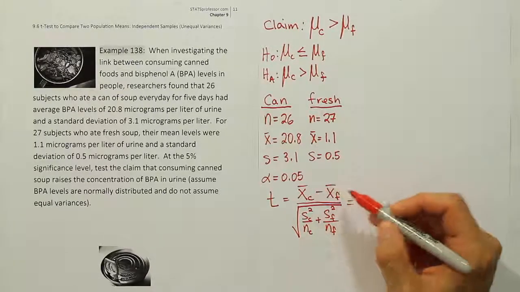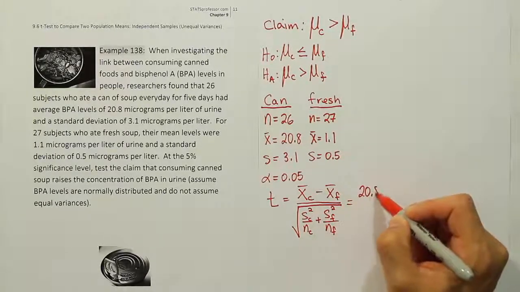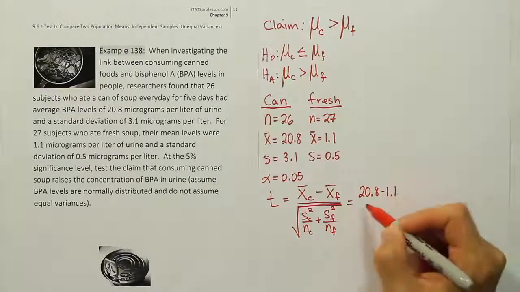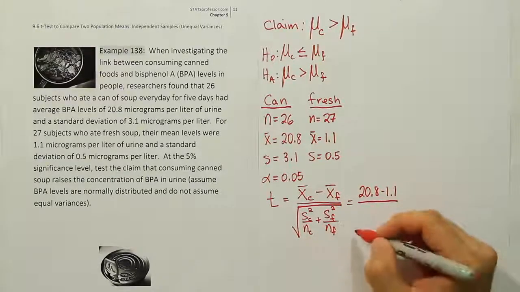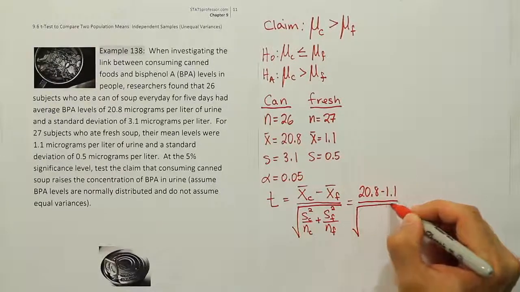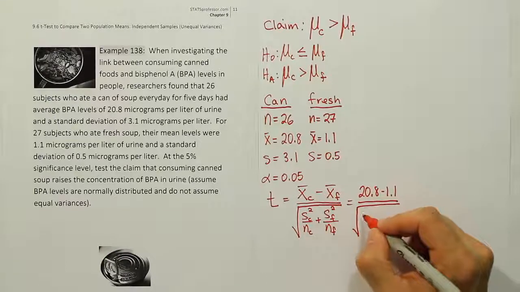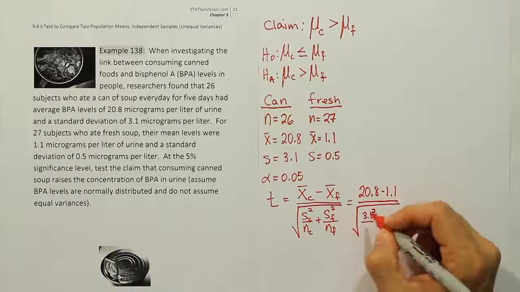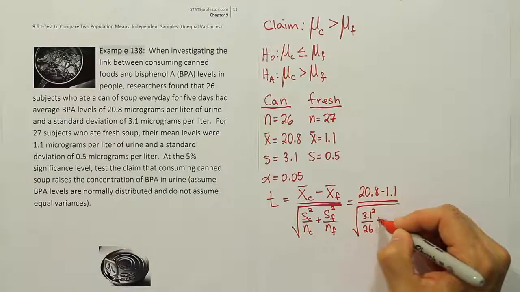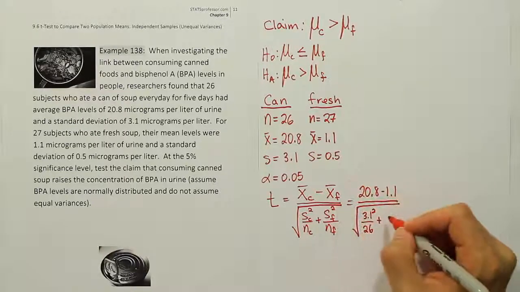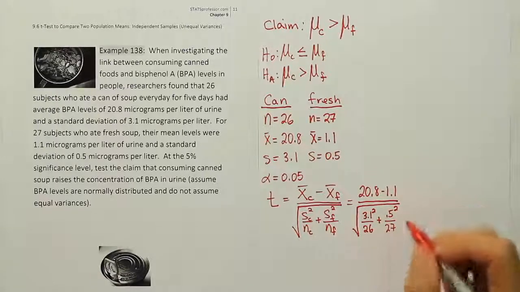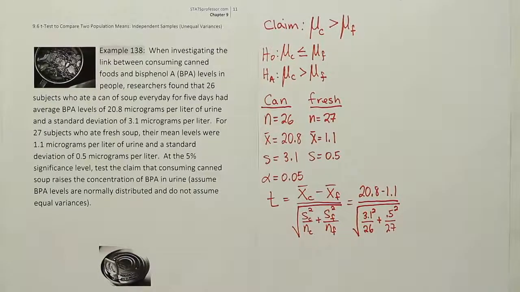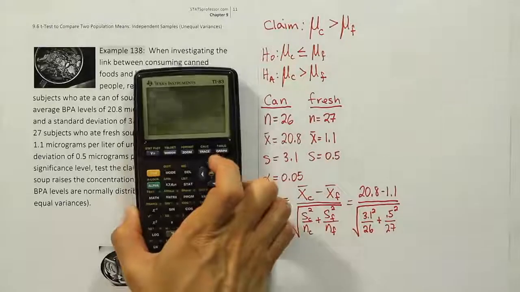Our numbers here are going to be 20.8 minus 1.1. Then the standard deviation becomes 3.1 squared divided by 26 plus this value here, which is 0.5 squared divided by 27. Let's work all that out in our calculator and see what we get.